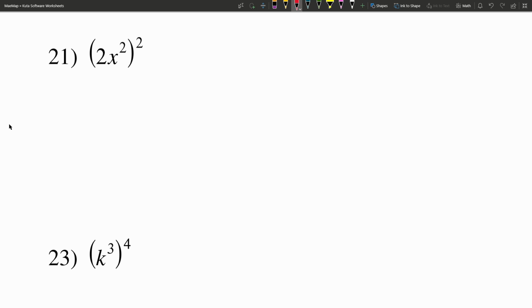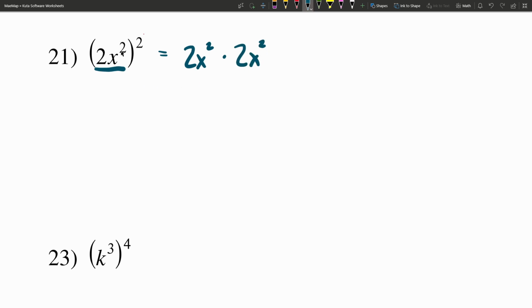Now in number 21, we're mixing things up because look, we have parentheses around our term 2x squared, but then that itself is squared. So what are we going to do with this exponent in this case? Well, take a look. Think about what exactly is 2x squared squared. Well, when we square something, we're just multiplying it to itself. So we have 2x squared, and we're multiplying it by 2x squared.